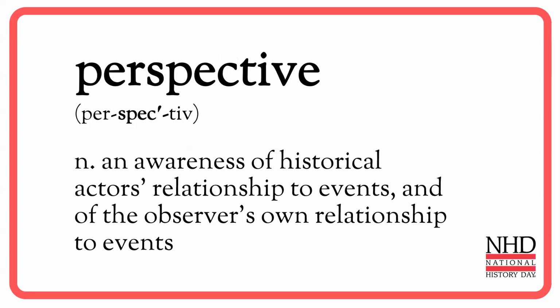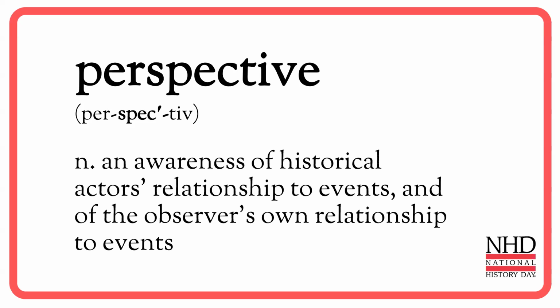And perspective is just the awareness that historical actors, the people in the past, have a relationship to the events they're involved in. And also that we, the observers, the scholars working in the present, have a relationship to events too.